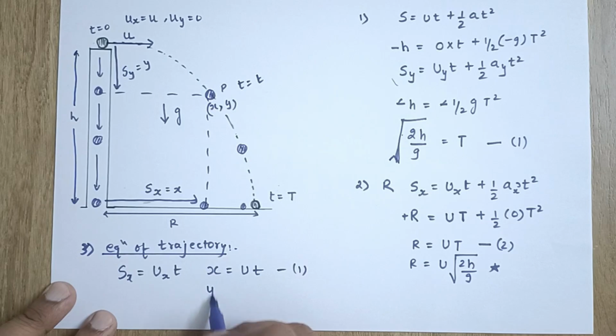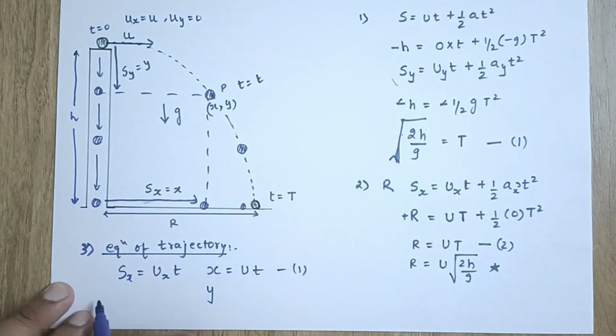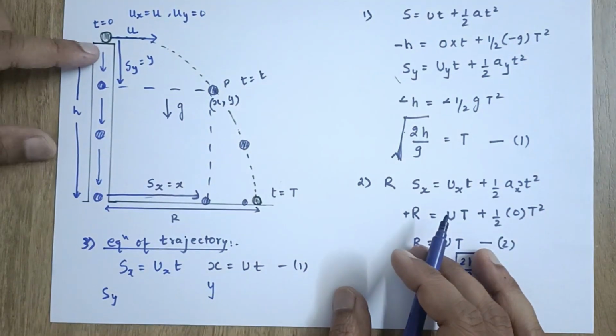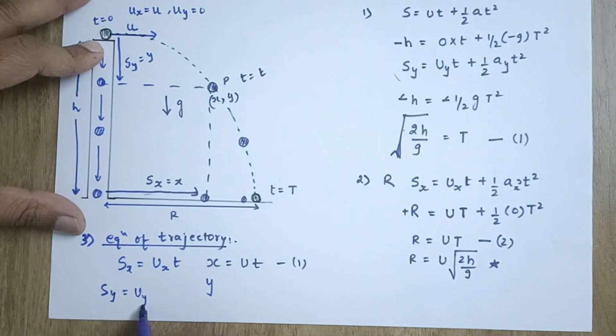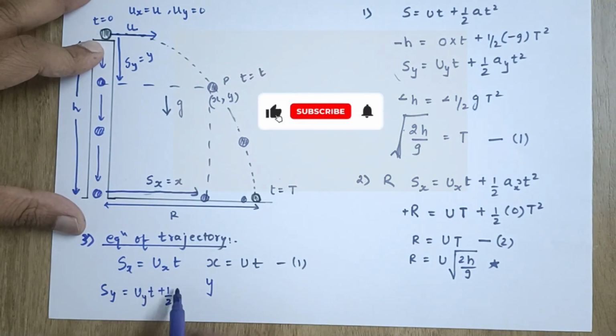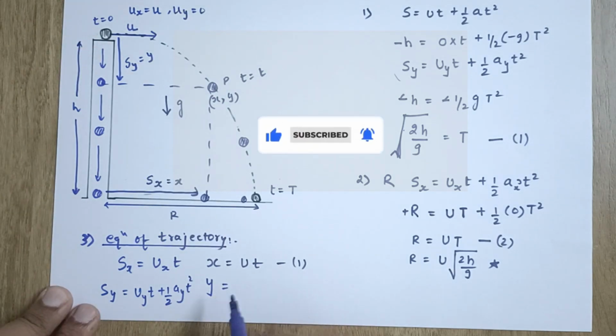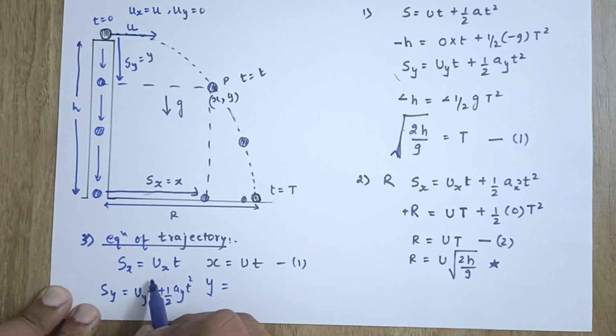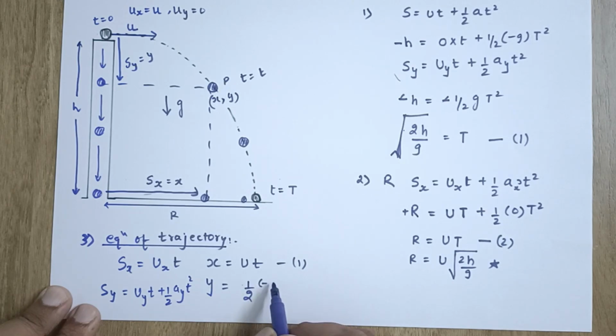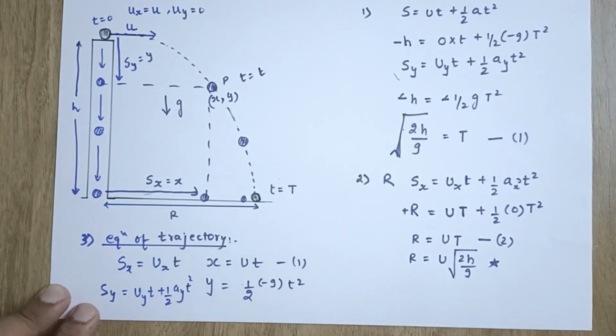So y or sy is equal to uy t plus half ay t square. So y is equal to, uy is 0, so this term goes off. That is equal to minus half, minus g times t square.